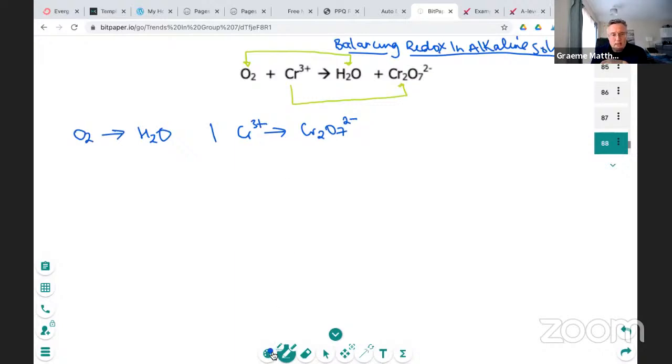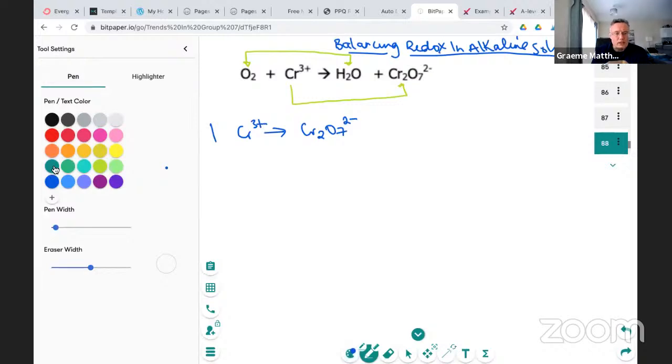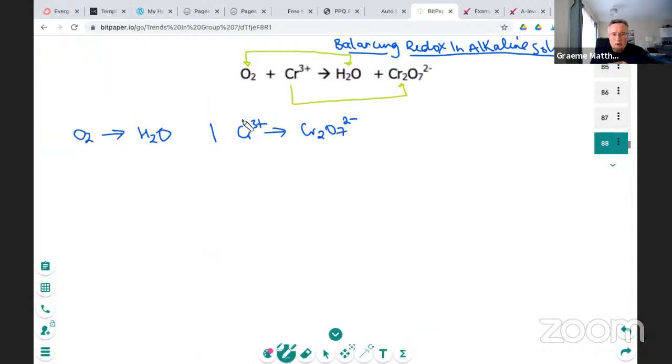Let me change pen colors. Very first thing I do, just to keep things organized, we'll do it in neon pink, is I write the oxidation state down. Why? Because I like to have oxidation on the left and reduction on the right. So chromium 3+ like this. And on this one, I've got 2 chromiums and 7 times -2 for the oxygen.